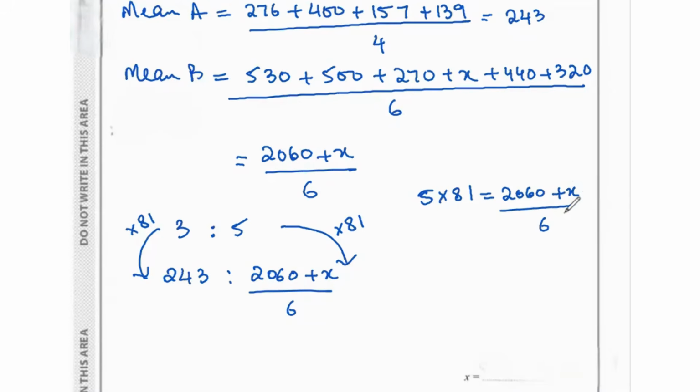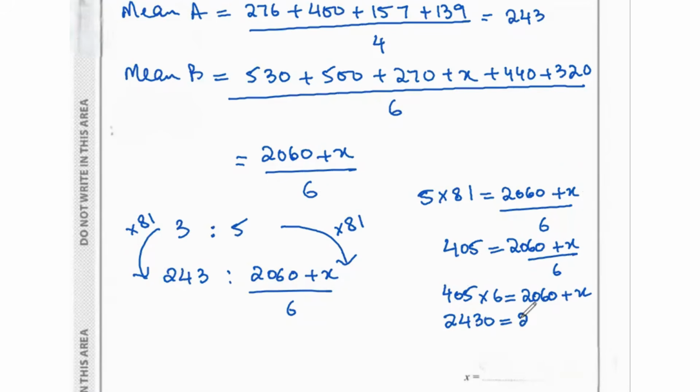That's going to give us 405. So 405 equals 2,060 plus x over 6. 405 times 6 equals 2,060 plus x. So 2,430 equals 2,060 plus x.